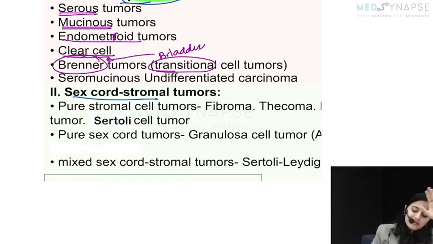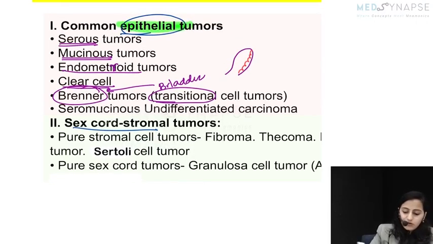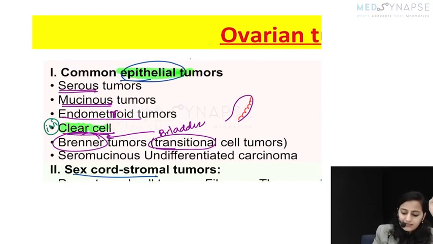So basically in epithelial, imagine we are talking about the type of lining: is it clear, serous, mucinous, endometrioid, or bladder-like. The question asked in the INICET exam was this: clear cell tumor is what tumor? Epithelial, not germ cell. So epithelial lining. The types of lining: clear, serous, mucinous, bladder.